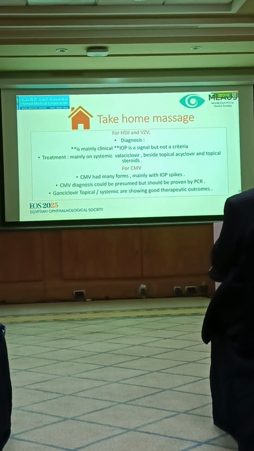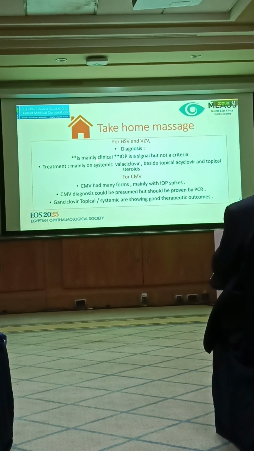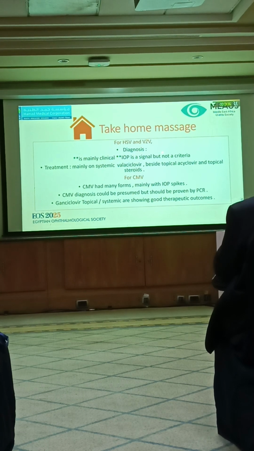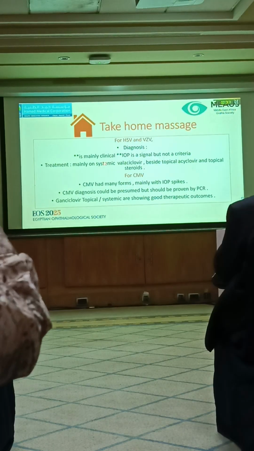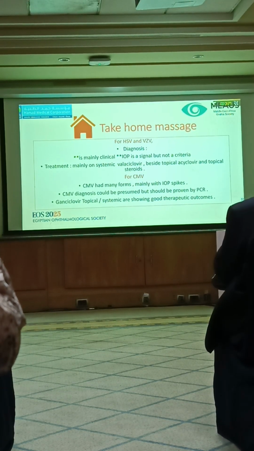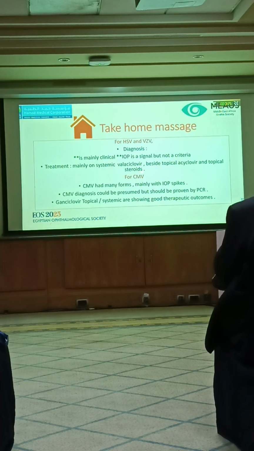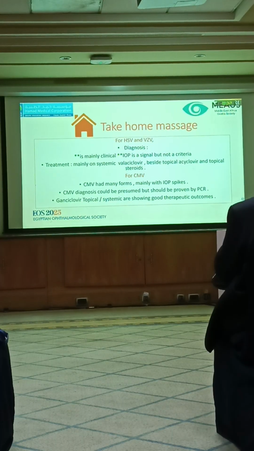So the take-home message in this issue is that for simplex and PCV, the diagnosis is mainly clinical. IOP is a signal, but not a criterion. Treatment is mainly with systemic valacyclovir, besides topical acyclovir and topical steroid. For CMV, it has many forms, mainly with IOP spike.